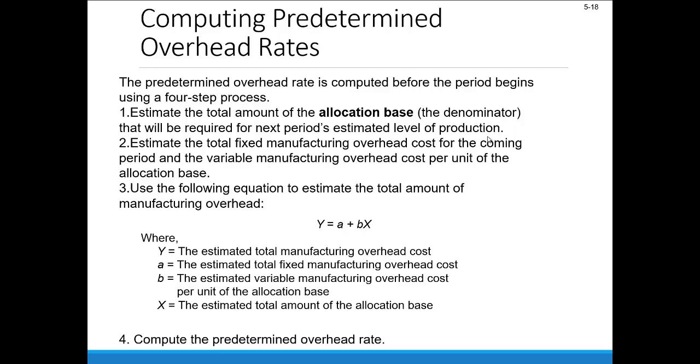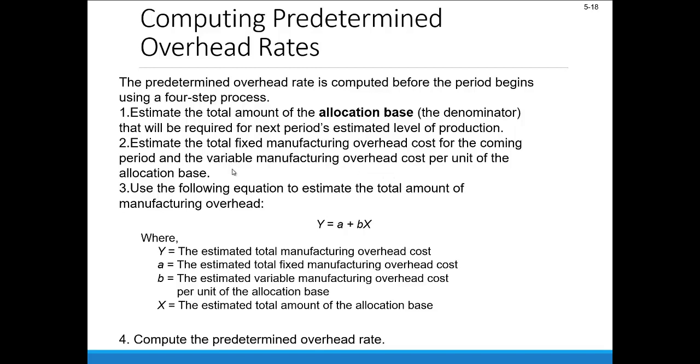Second, we want to estimate the total fixed overhead cost for that coming period and the variable overhead cost per unit of the allocation base. So we'll go through all the fixed overhead costs like property taxes and supervisory salaries and things like that, and get a big total of those, things that won't change with any change in production. And then we want to estimate that variable overhead cost per unit of that allocation base.